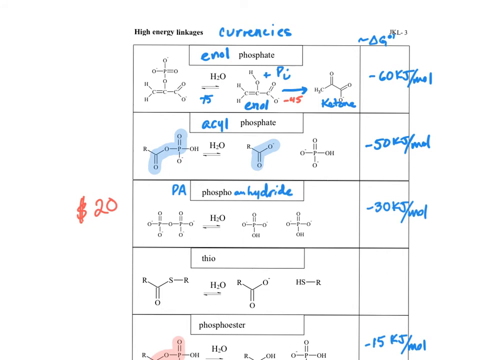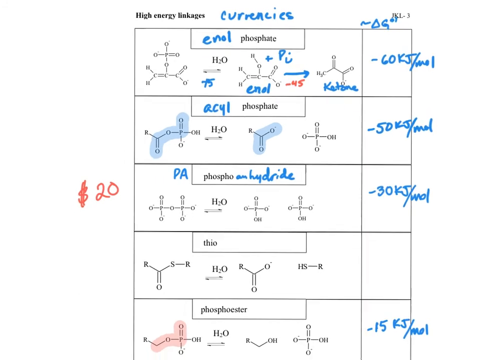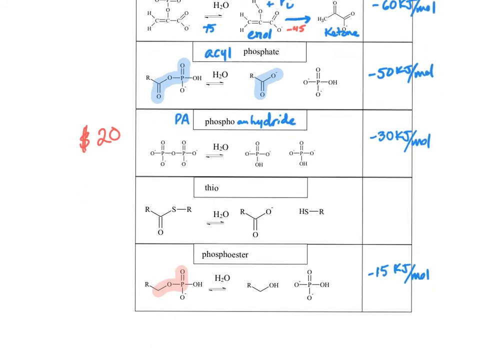There's one more to talk about, and we'll see it down here in the intermediate area. That's going to be a new type of linkage. It's also negative 30 kilojoules per mole. So we could say it's another $20 bill, so to speak, because it's equivalent to an anhydride.